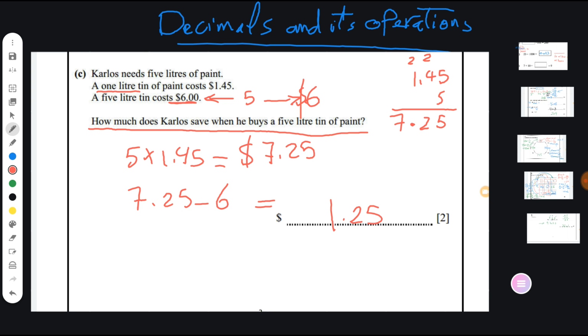To do it by yourself too, you must do the following. 7.25 minus, how to write 6 here? Actually, 6 has a decimal point here. Yes? So we will write 6 in the one digit and the others will be 0. So you can write it by hand, or actually in paper 2 you can use the calculator in the direct way. Okay?